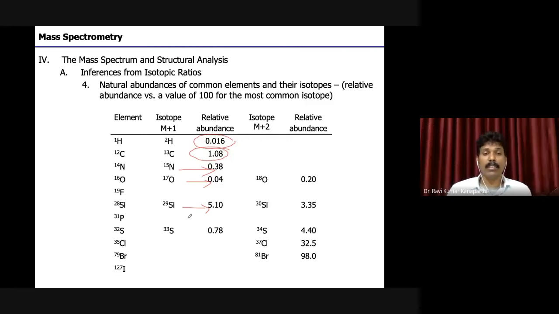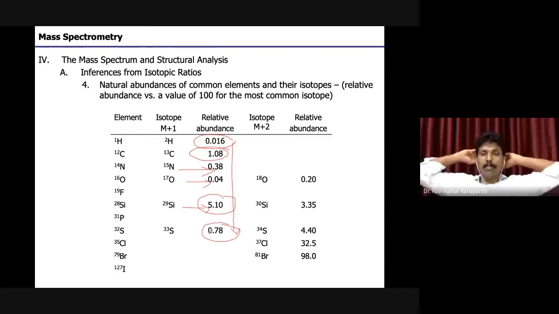Silicon can be present as 29; the percentage is 5 out of 100 atoms, 5 atoms can be present with atomic weight 29. Then sulfur can exist, with almost 1.78 contribution. So these are the ones that contribute to the m+1. Suppose in your compound, if all these elements are there, accordingly you can calculate the m+1 peak.